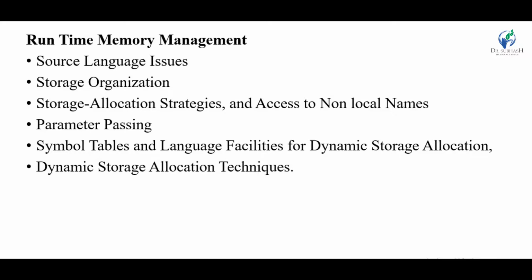That means they store the information about scope and names, which is built during lexical and syntax analyzer phases. Dynamic storage allocation techniques. There are mainly 2 types of techniques used in dynamic storage allocation. First one is explicit allocation and second is implicit allocation.